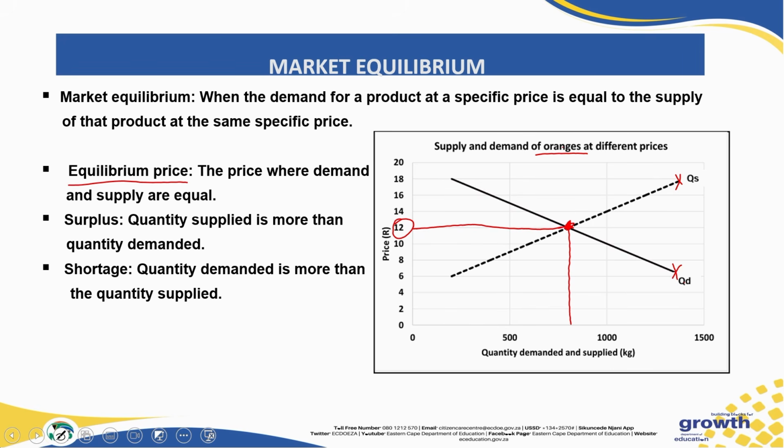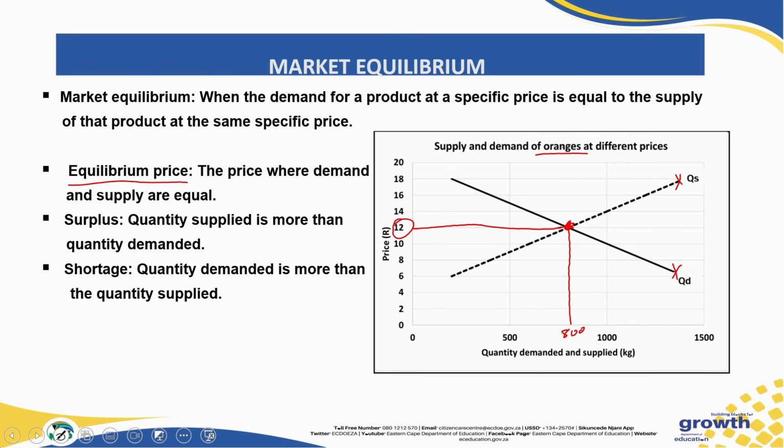I think it's 800. For example, let's say 800. 800 is our equilibrium quantity. So that is the equilibrium price, the price where the quantity demanded and quantity supplied are equal. The equilibrium quantity is where demand and supply of the products are equal.